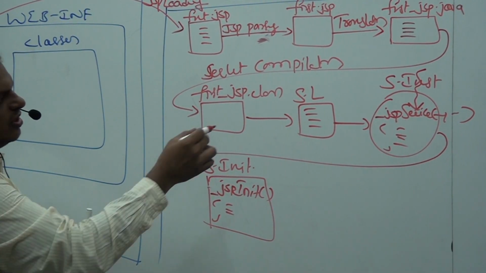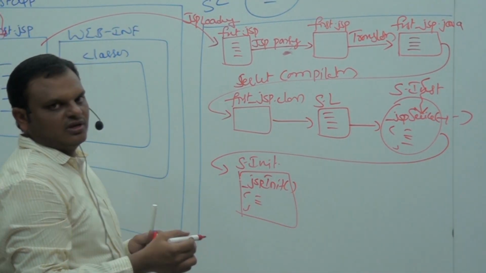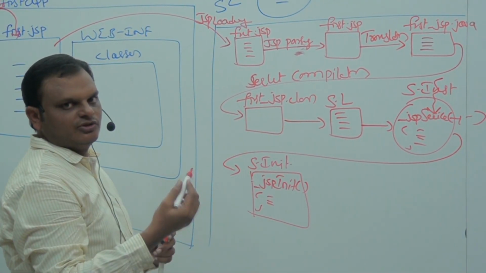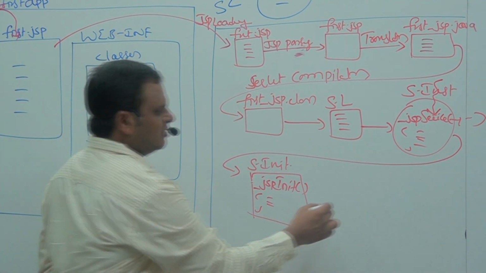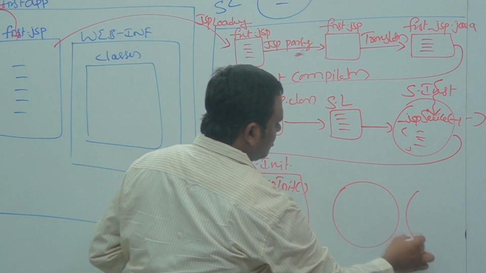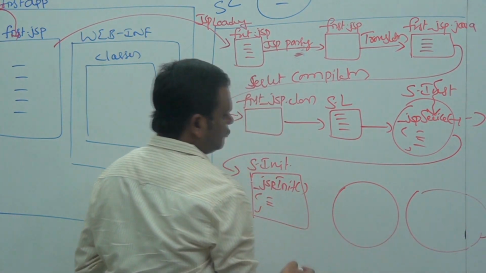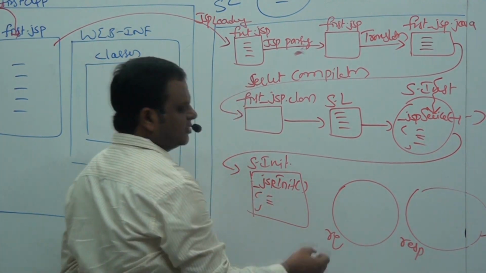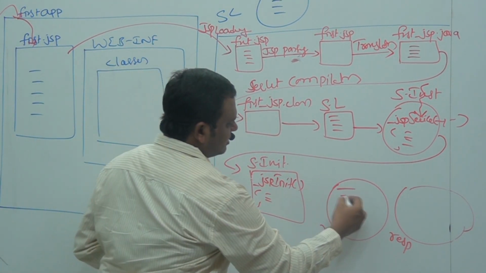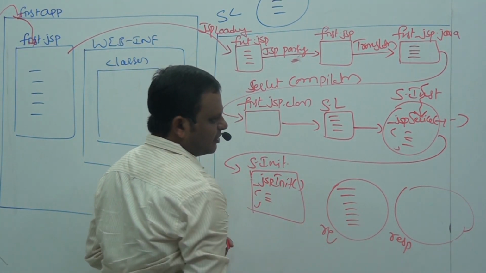But to execute the underscore JSP service method, the container has to create two objects. What are the two objects created by the container? First one will be the request object and another one will be the response object. This is the request object, this is the response object. The request object contains the complete client information.